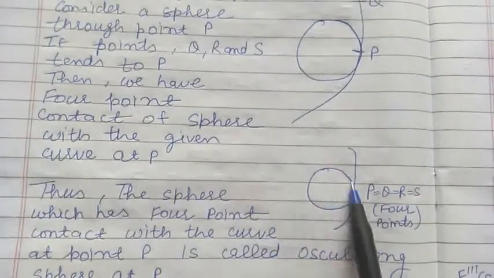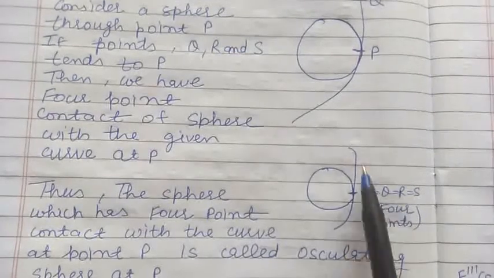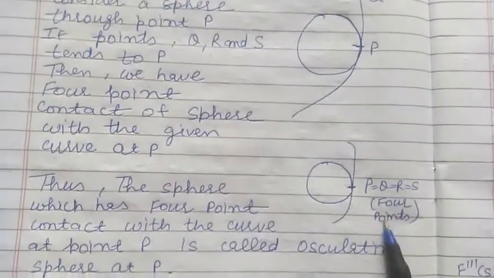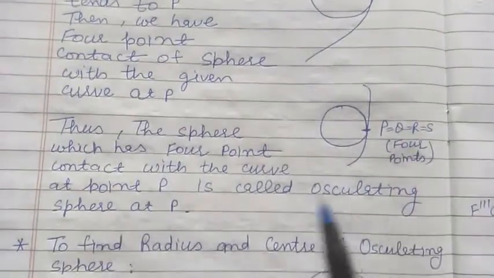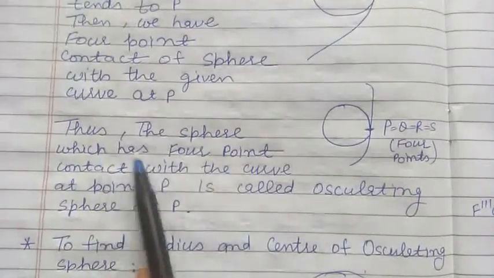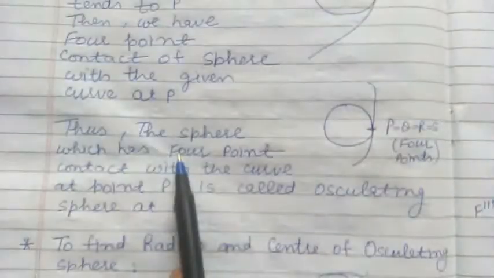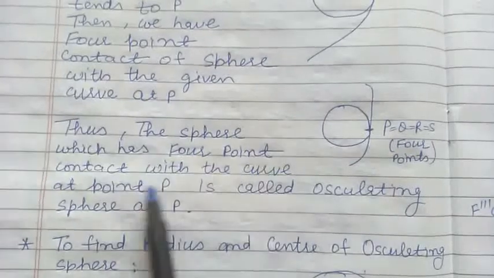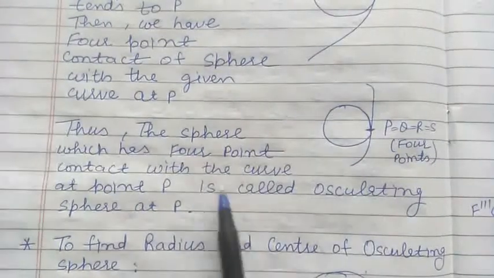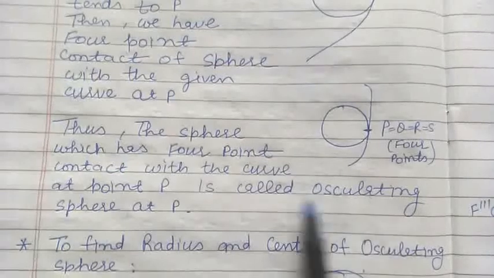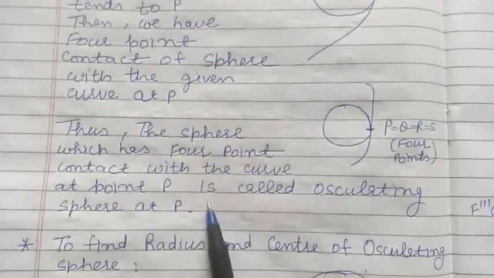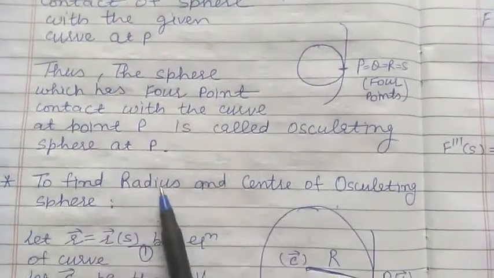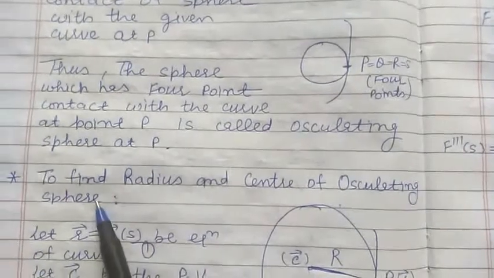So here this sphere has 4-point contact with this curve. Thus we can define the osculating sphere as a sphere which has 4-point contact with the curve at the point P, and such a sphere is called the osculating sphere at the point P.